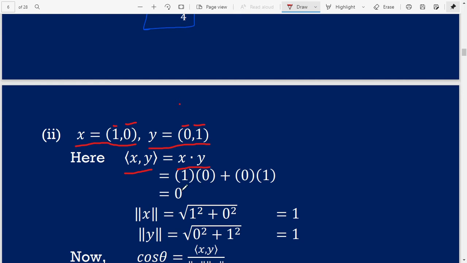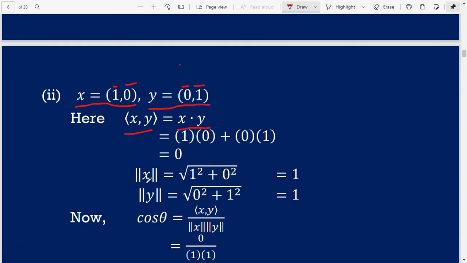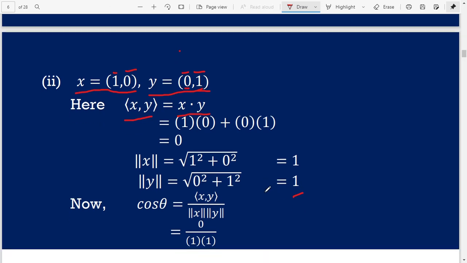So 1 into 0 is equal to 0, plus 0 into 1 is equal to 0. So inner product x with y is equal to 0, and norm x is equal to under root 1 square plus 0 square, which is equal to 1, and norm y is equal to under root 0 square plus 1 square, which is equal to 1.